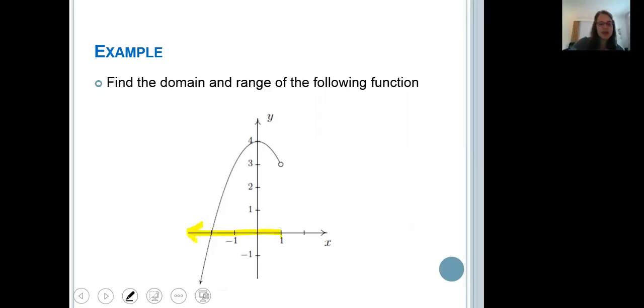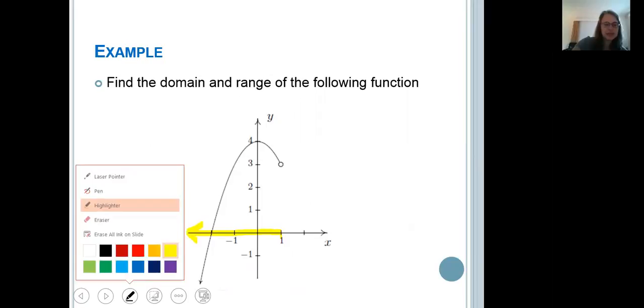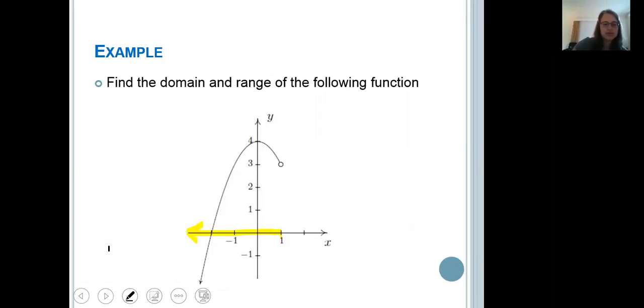So my domain, now, so there's a hole, and this is an open circle. And this open circle means that x equals 1 is not actually included in the domain. So the domain is the set of all x's that are less than 1.